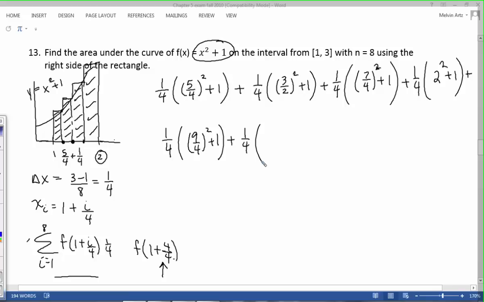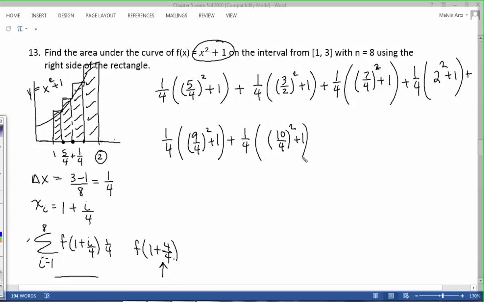And that's going to be what we're plugging into the function now. So we would have 10/4, plus 1.